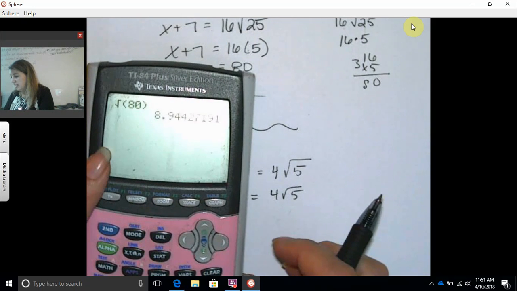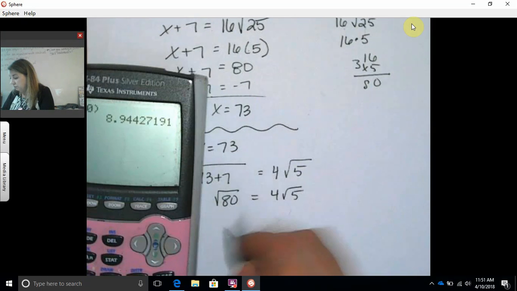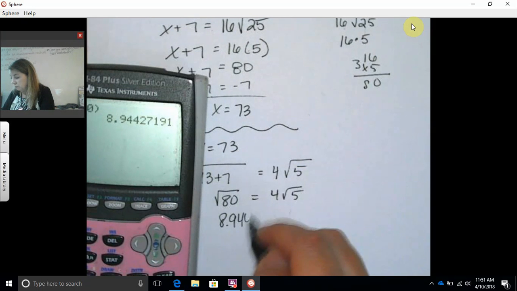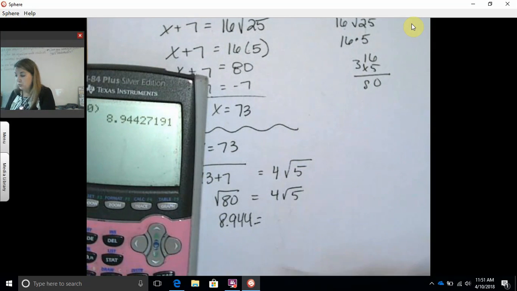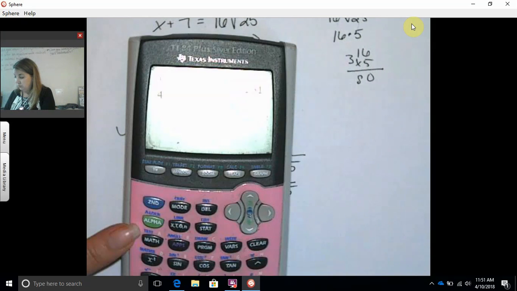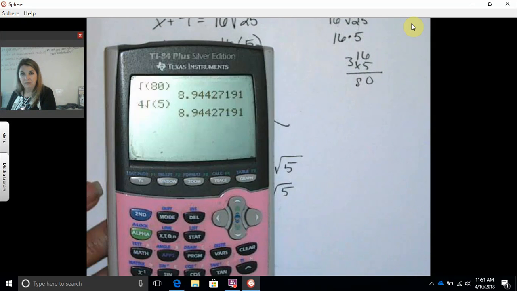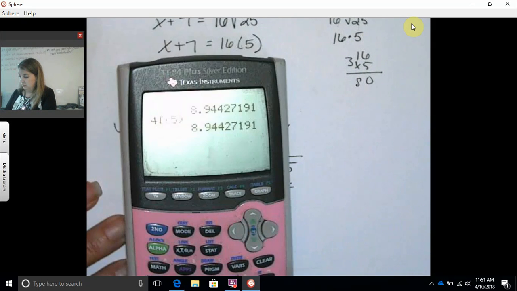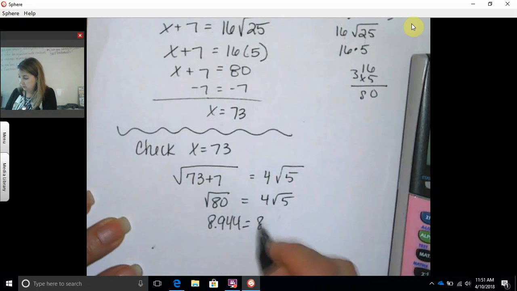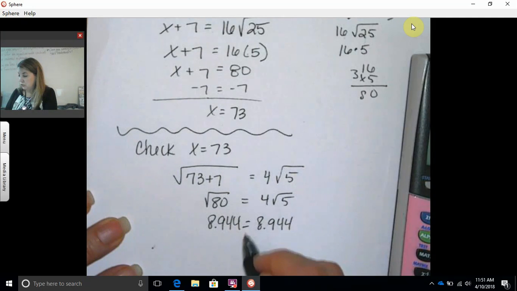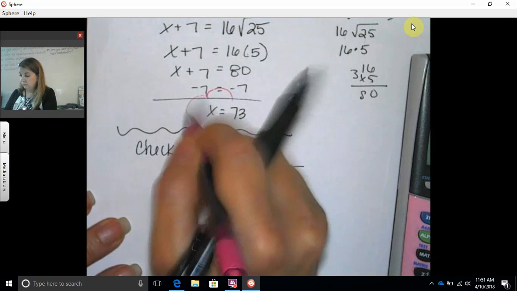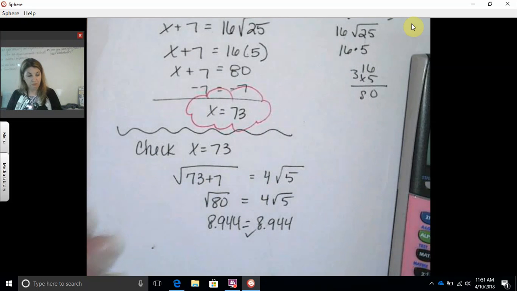Square root of 80 is, let's go with 8.944. 4 square root 5, I get the same thing. So that makes a true statement. X equals 73 is my solution.